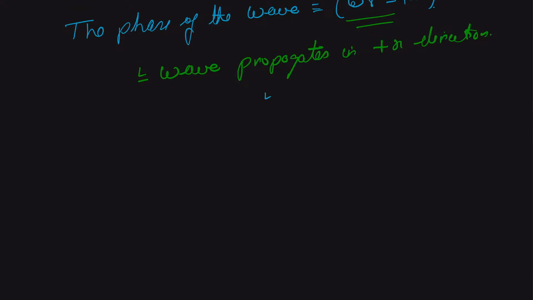In terms of unit vector, we can write this as the i unit vector. Now let's identify the direction of the electric field.